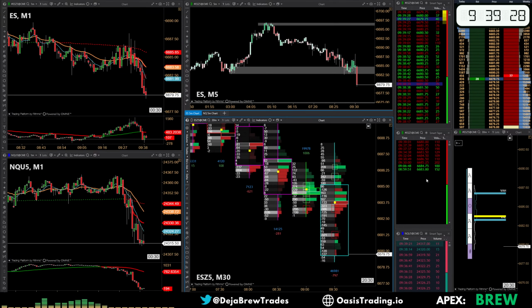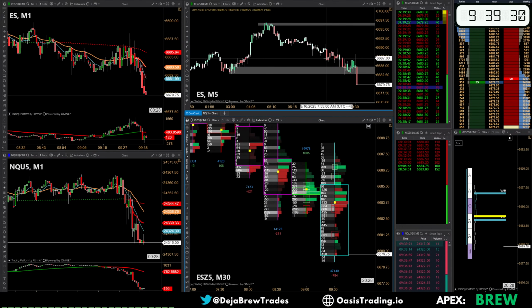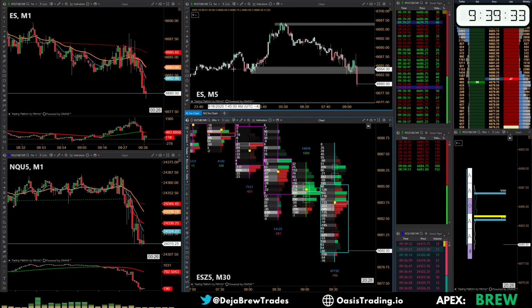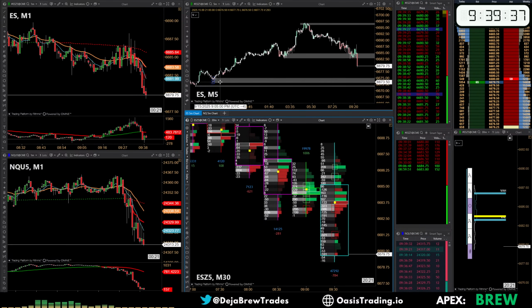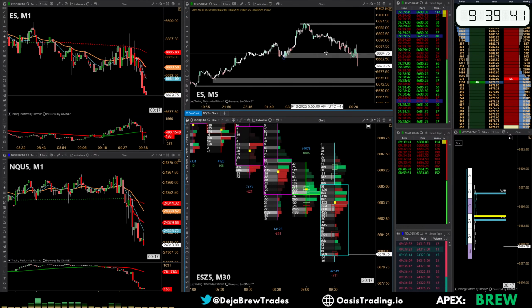Large tape is pretty quiet today. Not too many orders coming in. You are losing that prior reversal point. So next reversal point would be around 74, that next point of origin.